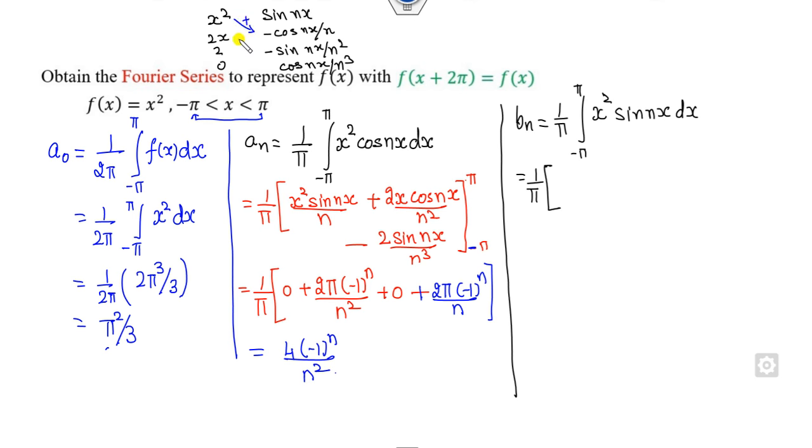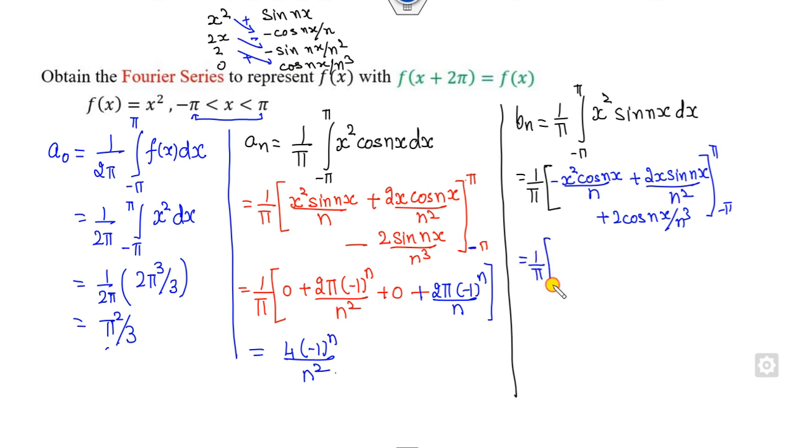So positive, negative, positive. So it will be minus x square cos nx over n minus plus 2x sin nx over n square minus plus 2 cos nx over n cube from minus pi to plus pi.